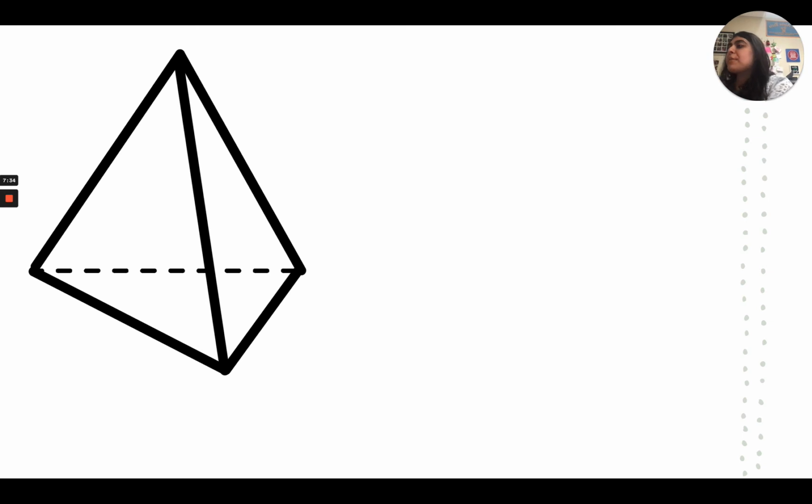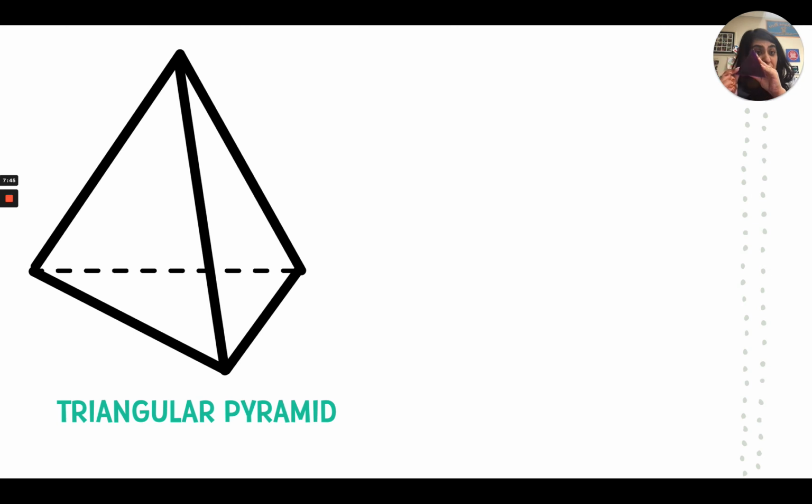These are pyramids. So pyramids have one base, and then they all come together to one vertex at the top. So we've got a triangular pyramid because it's got a triangle for a base. And so all 3 of the vertices of that triangle come up to one main vertex.